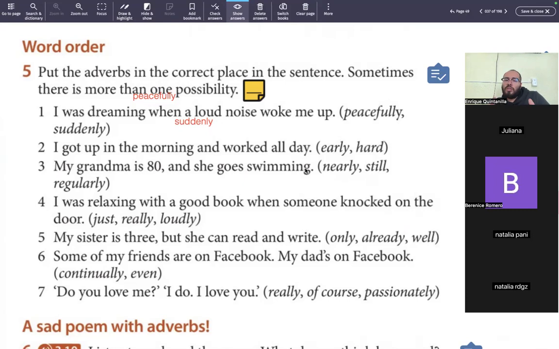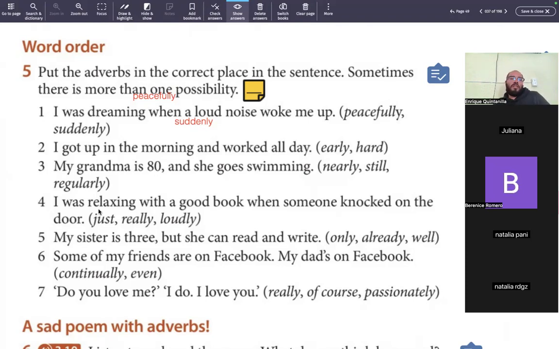Correct. Julie, number 4. I was just relaxing with a really good book when someone knocked loudly on the door. Correct. Thank you very much.